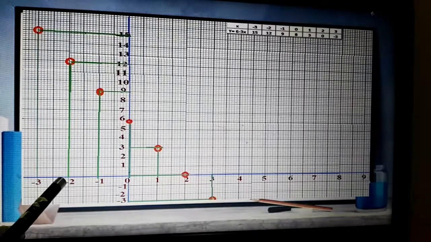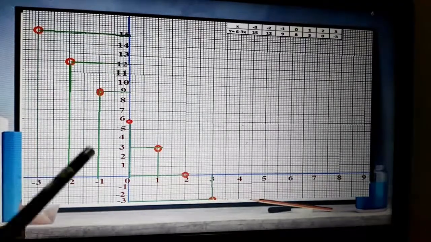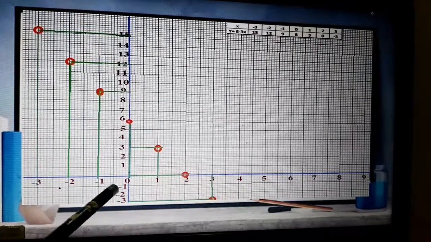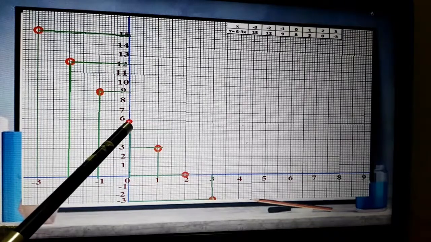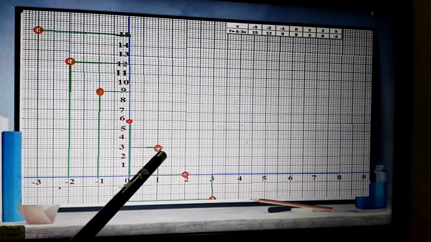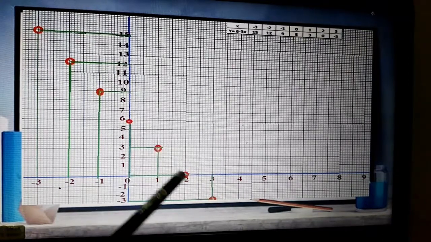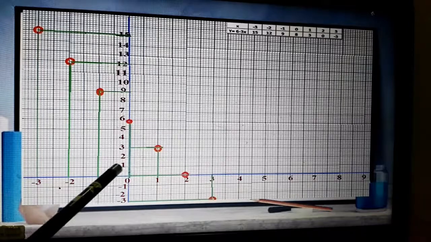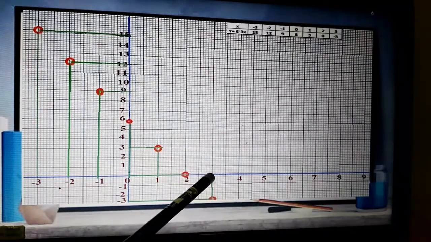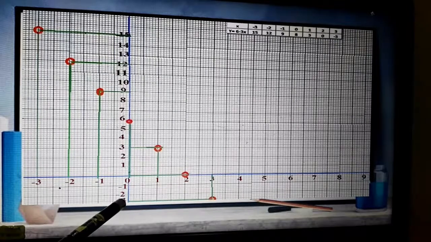When x was minus 2, then y was 12. When x was minus 1, then y was 9. When x was 0, then y was 6. When x is 1, then y is 3. When x is 2, then y becomes 0. Now when x is 3, then y is minus 3, negative.